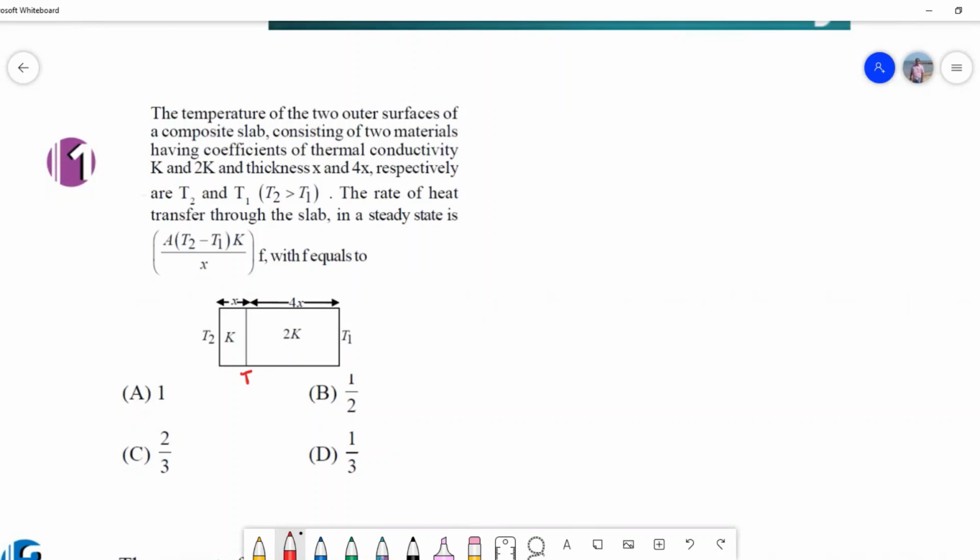Since the rods are in series, the heat currents of both of them are equal. We all know that heat current is nothing but KA dT upon L. So let me find the heat current of the first rod: KA into dT, nothing but T2 minus T, upon the length, which is given as x.